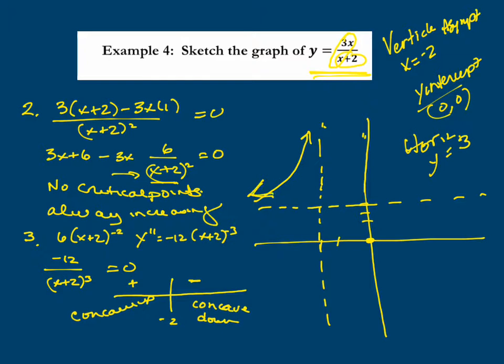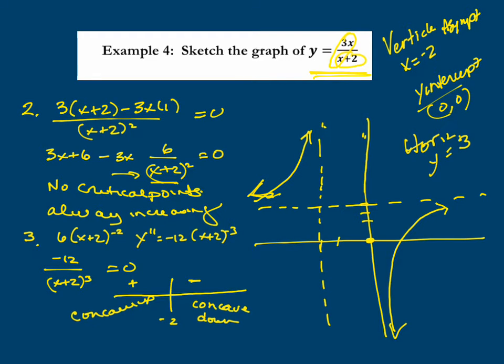And it has to hug the asymptote, so it couldn't be here because that would be decreasing. Increasing has to be up high. If I put it in the other corner, that would be decreasing. So I know it has to be in this one, and you can tell there it is concave down. So concave up over here and concave down over there.